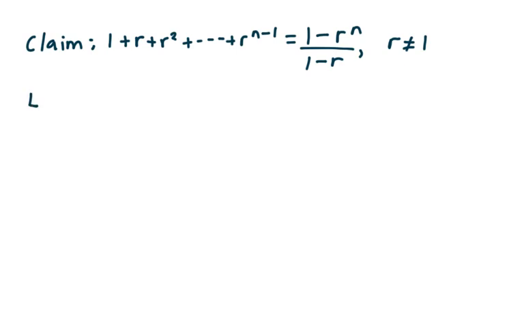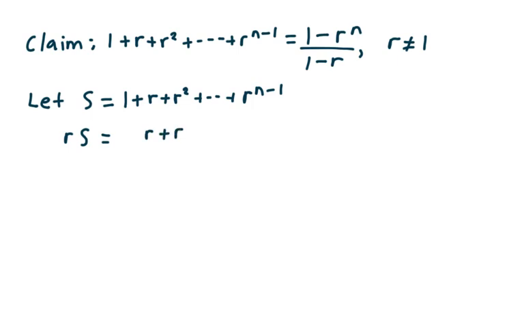So let's go through this. Let S equal 1 plus r squared all the way through until r to the n minus 1. Multiply both sides by r. So rS is equal to r plus r squared plus r cubed all the way through until r to the n.